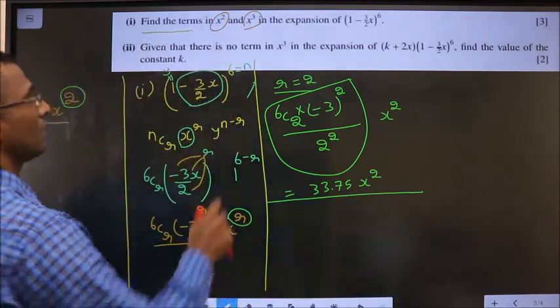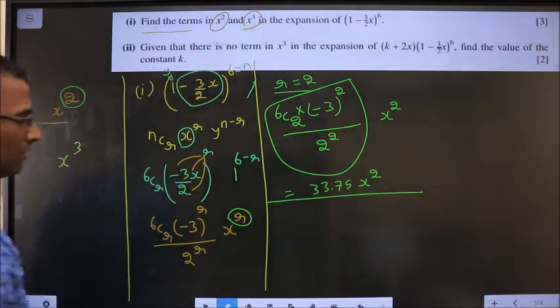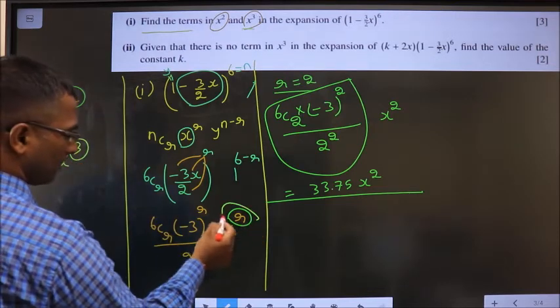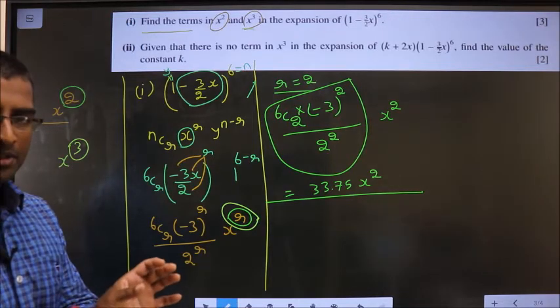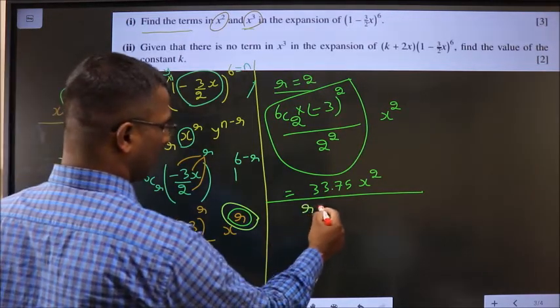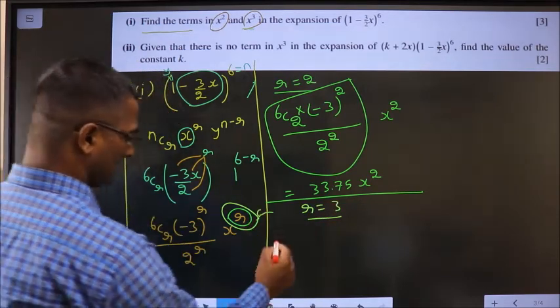Okay, now we also need to find the coefficient of x cube. Over here power on x is 3 and over here power on x is r. Equate both the powers of x to get the value of r. So we get r equal to 3. Replace r equal to 3 in this.